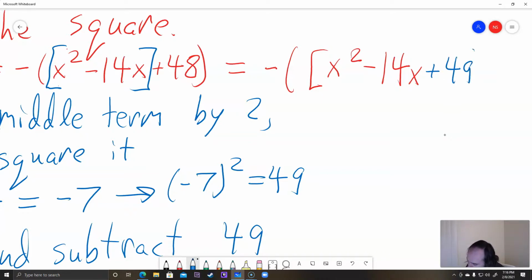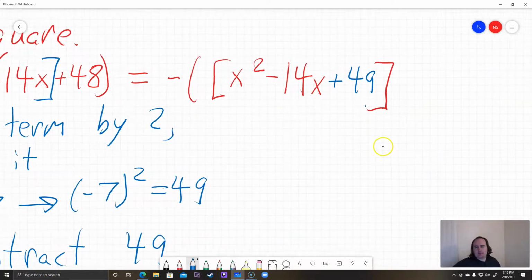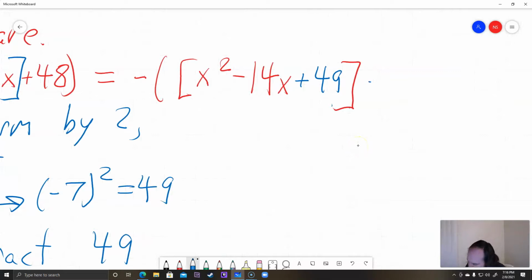But then that's inside of those brackets. But then on the outside, we also have to subtract 49. Okay.